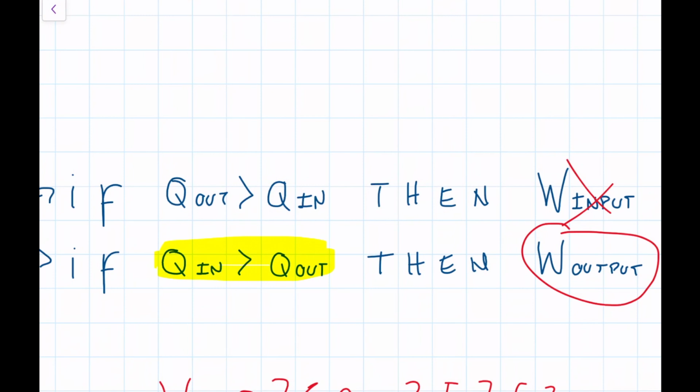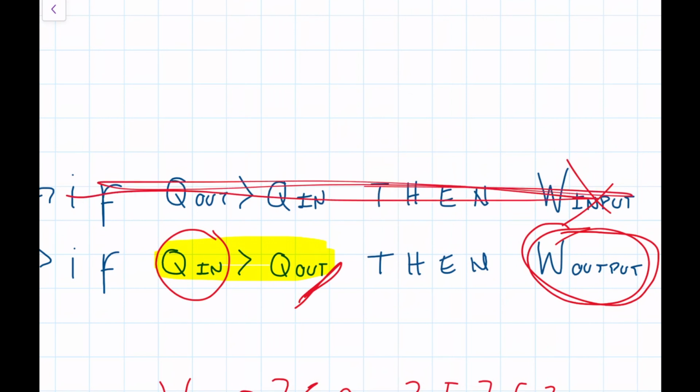If, however, the amount of petrol that I put into my car is greater than what I'm losing due to heat, then the leftover energy is the energy I'm going to use to actually drive my car around, that I'm going to get as useful work, right? So the first case we're not going to see unless we have a defective cycle, something that has been poorly designed, but we should not expect to see this in any of our problems, right?